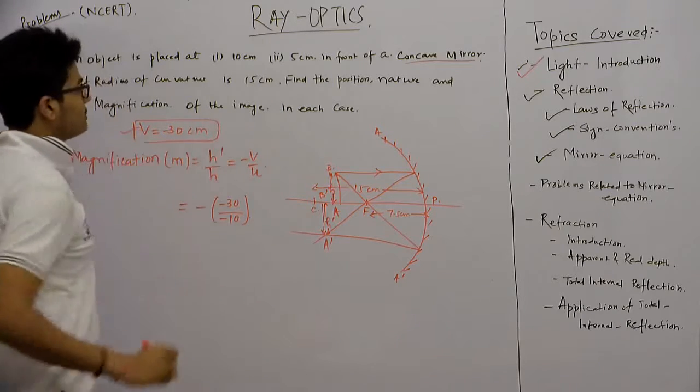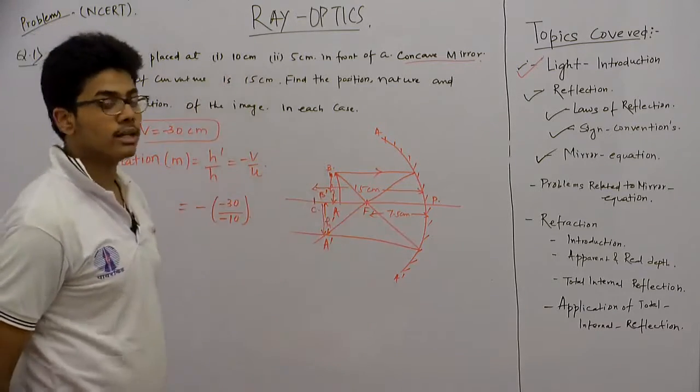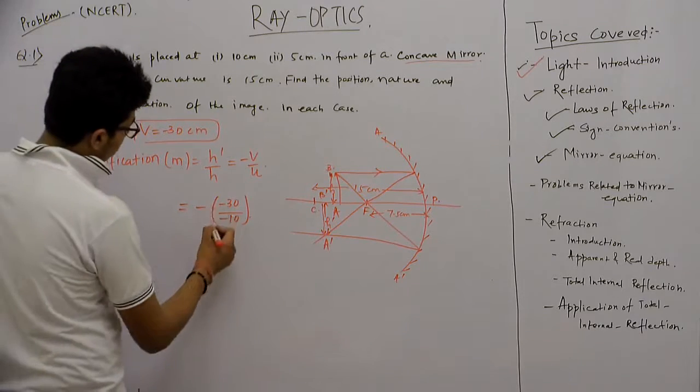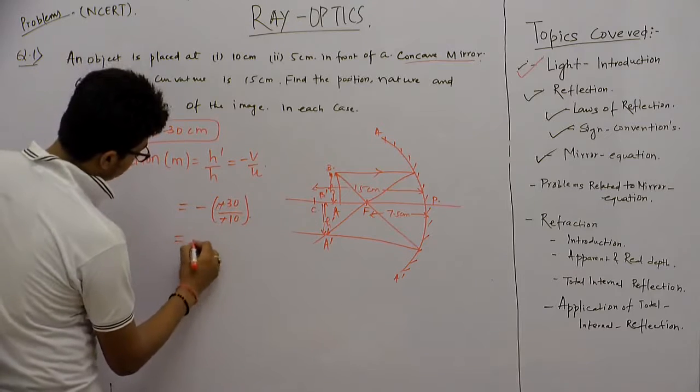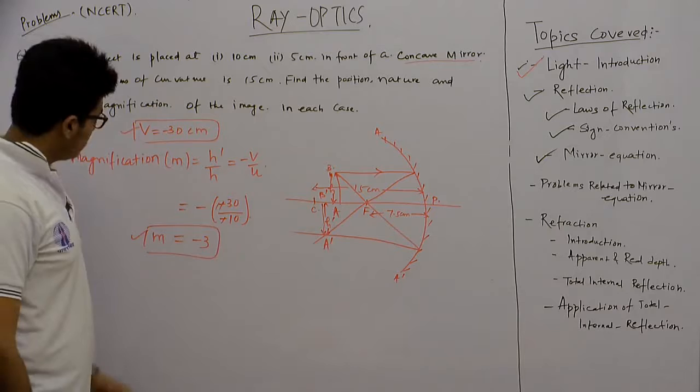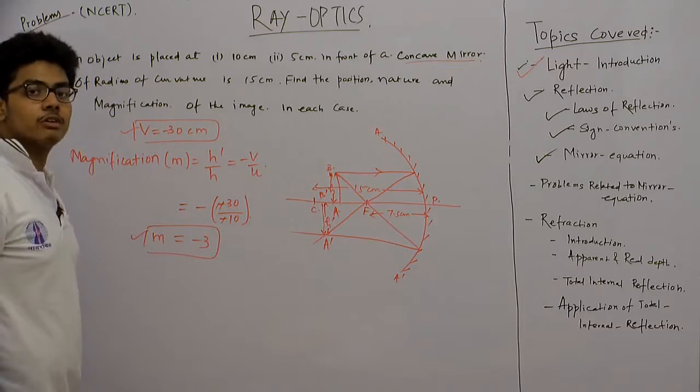So by calculating we get minus 3 as the magnification. So we calculated the magnification of this object.